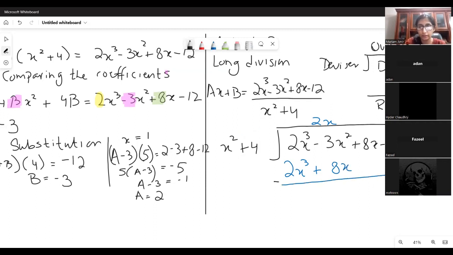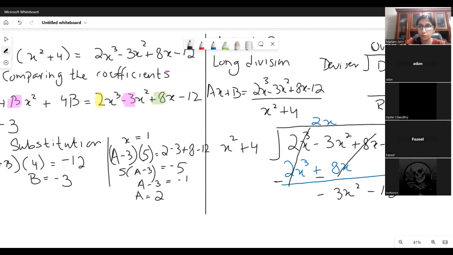Subtract, so minus sign and a minus sign. So this gets cancelled, minus 8x and plus 8x get cancelled. So we have minus 3x squared minus 12.